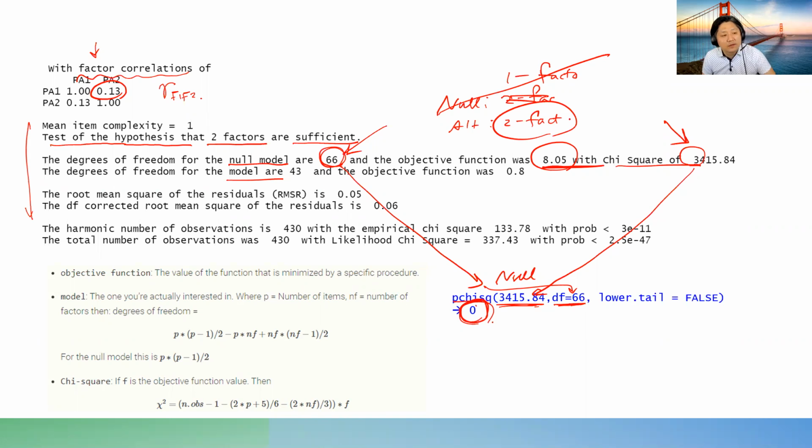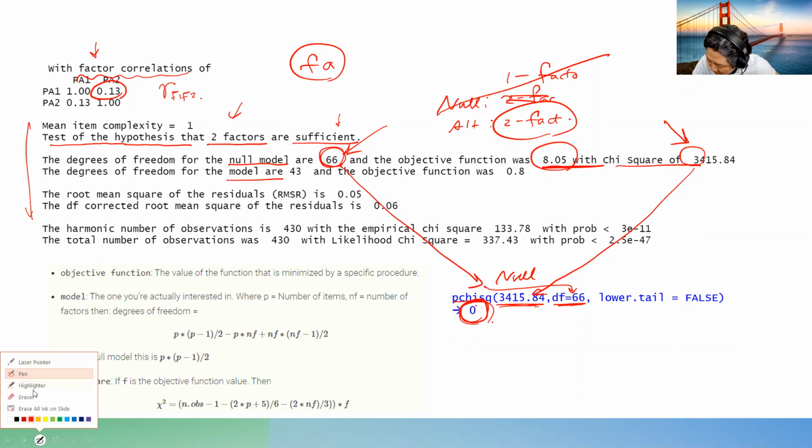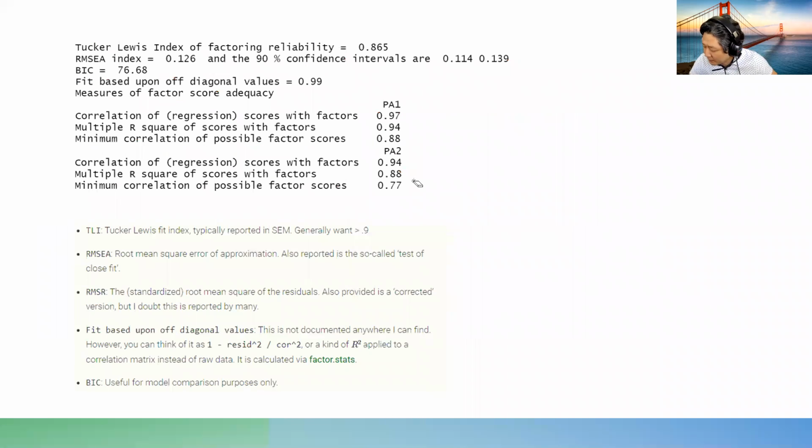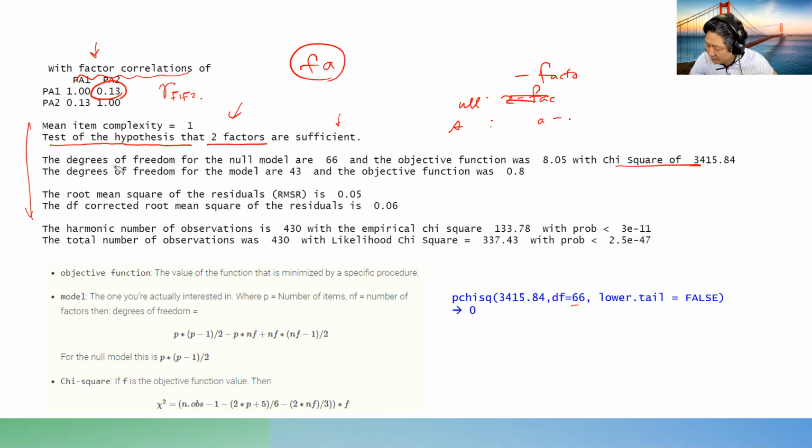The R fa package provides this information, but I don't think other packages provide it. So this is how you can interpret it. It also provides RMSR, the root mean square of the residual, and RMSEA.